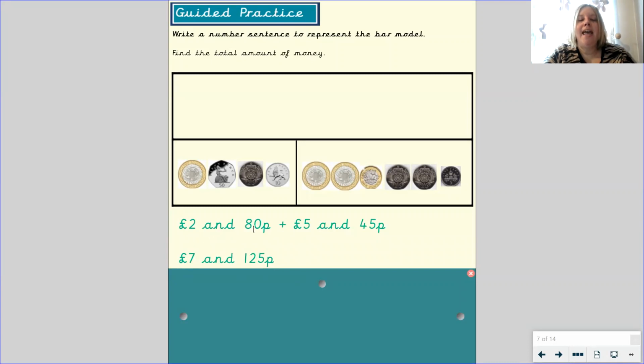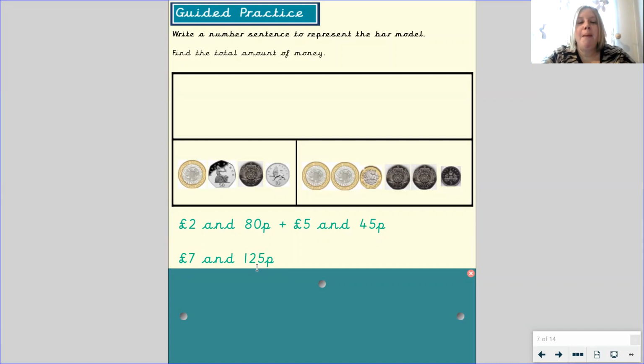Then we add the 80p and the 45p to give us 125p. Our next step is to convert 125p into pounds and pence.